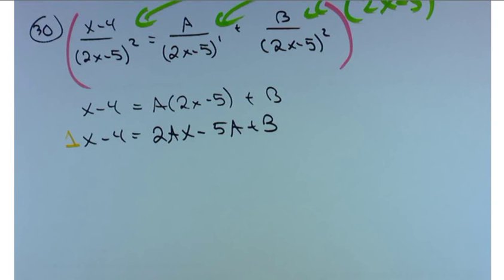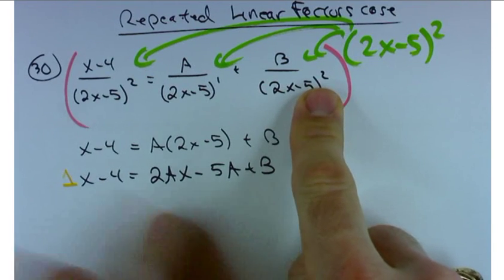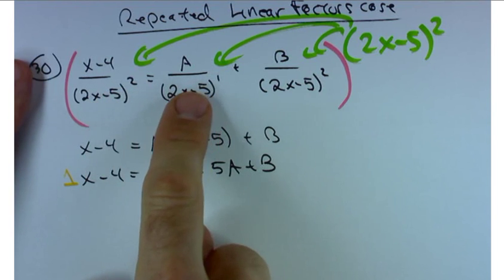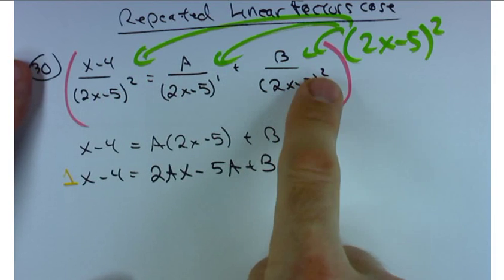One of the things that I'm likely to do is set up a problem for you that asks you to just give me the system of equations, and then we'll worry about solving it later. Because when you have this repeated linear factor, you have to have terms increasing up to that order.